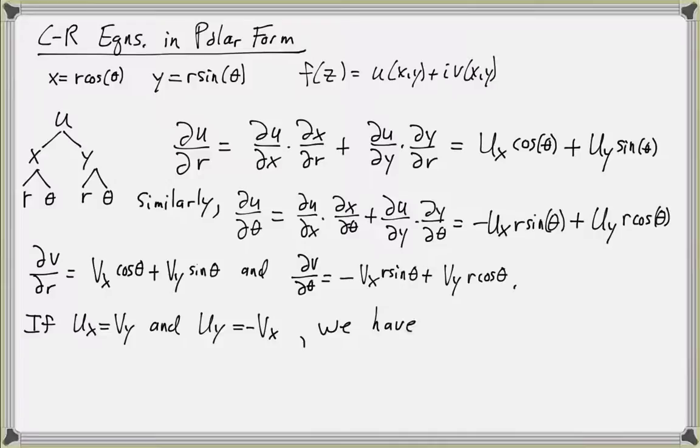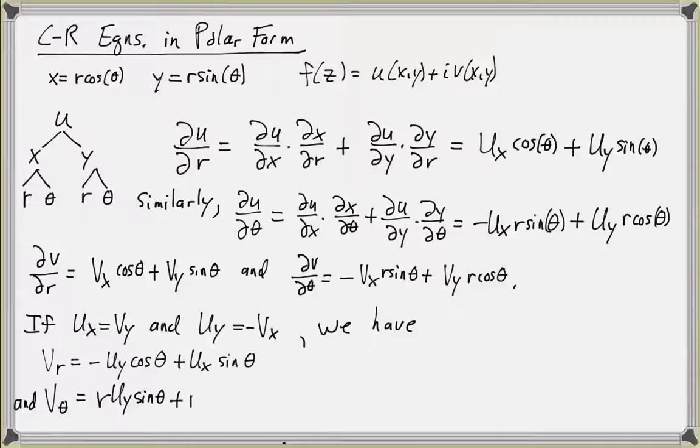we have the following. The derivative of v with respect to r will then equal negative derivative of u with respect to y cosine theta plus the derivative of u with respect to x sine theta, and the derivative of v with respect to theta will be r times the derivative of u with respect to y sine of theta plus r times the derivative of u with respect to x cosine theta.